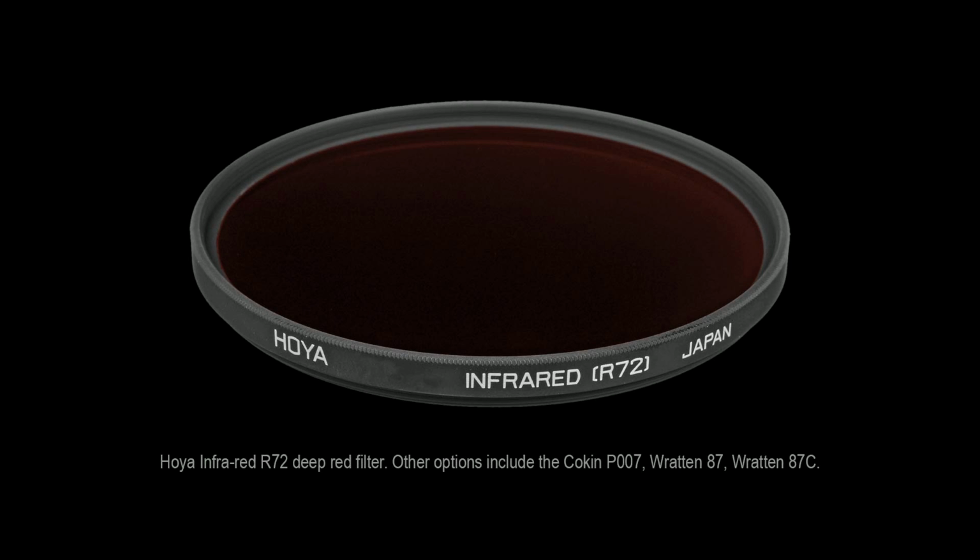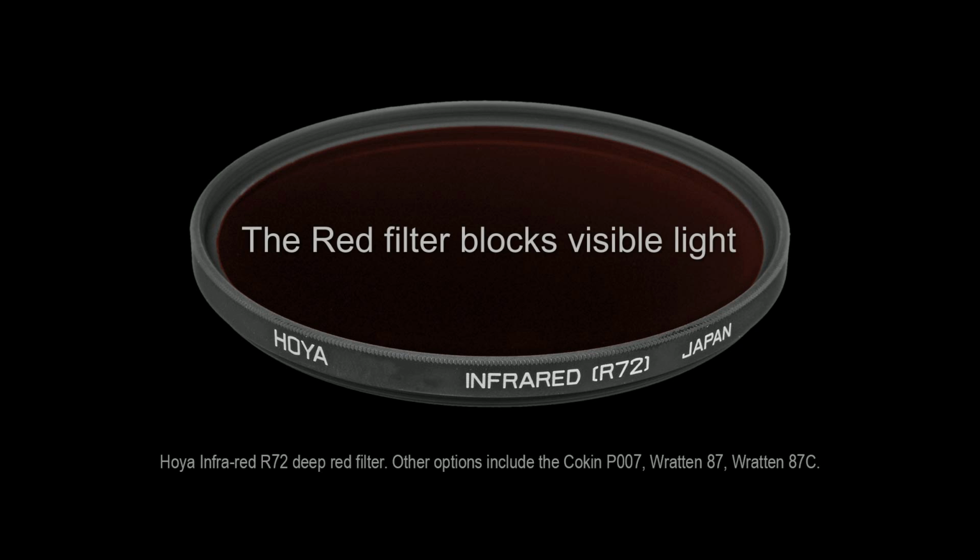The second option is to use an infrared filter over our lens. Now the idea here is that a very deep red filter is used to block visible light falling onto the sensor, but it does allow infrared light through.